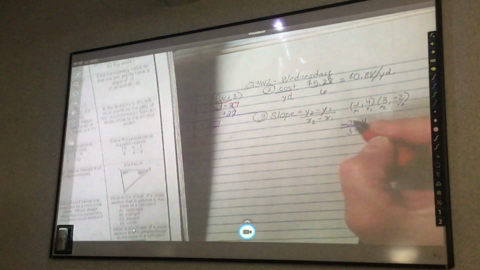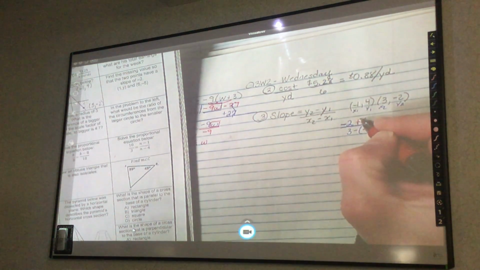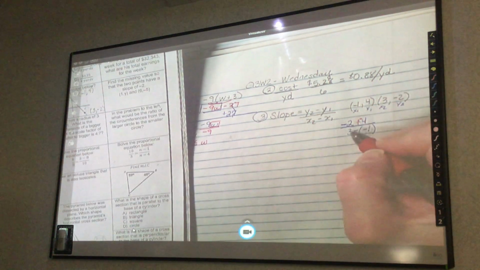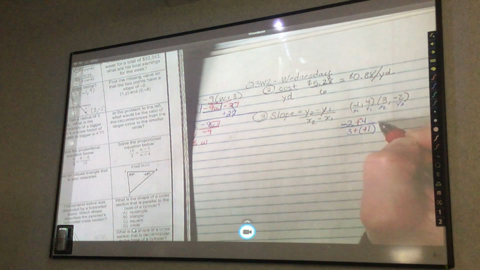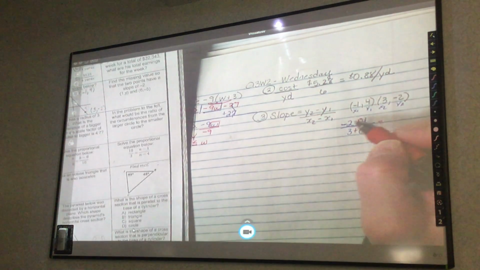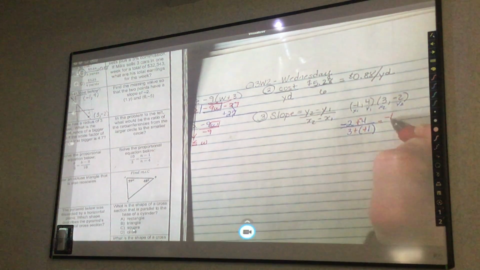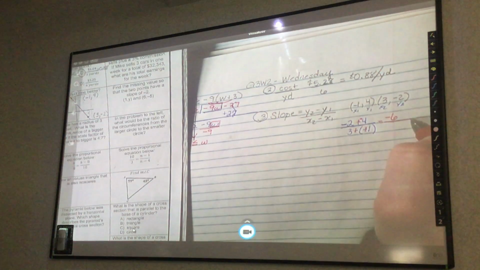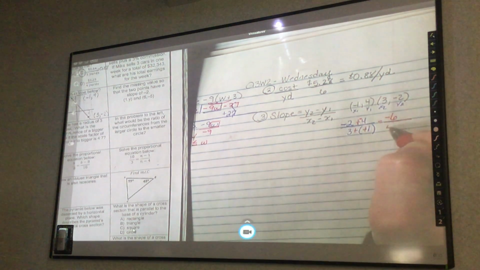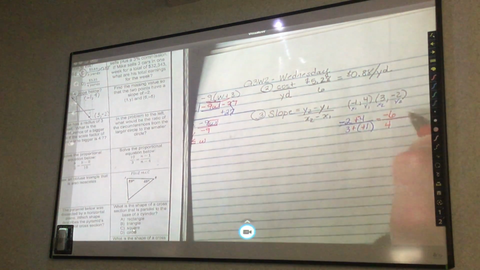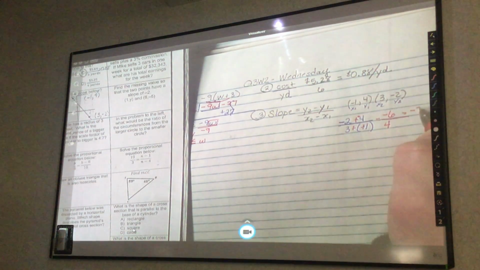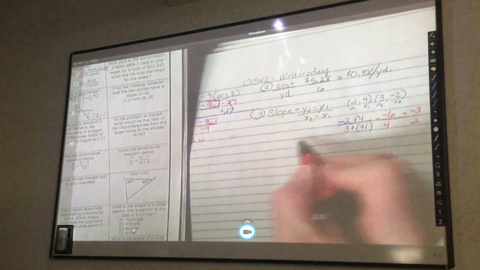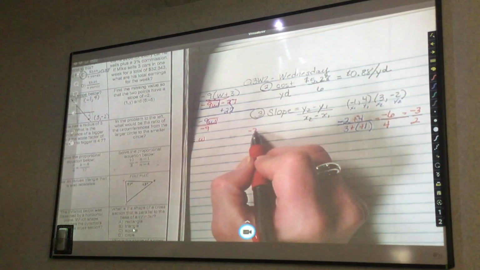Rule of integers: keep, change, change, keep, change, change. So it is a negative 2 plus a negative 4, which is a negative 6. 3 plus 1 is 4. Reduce it by 2, which would become a negative 3 over 2. And rewrite it over here.